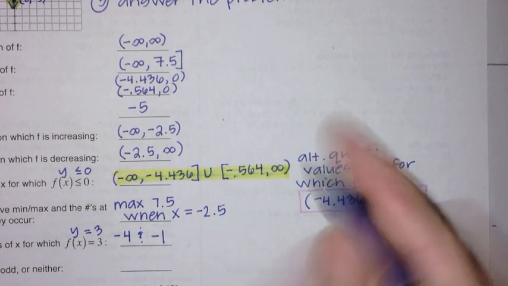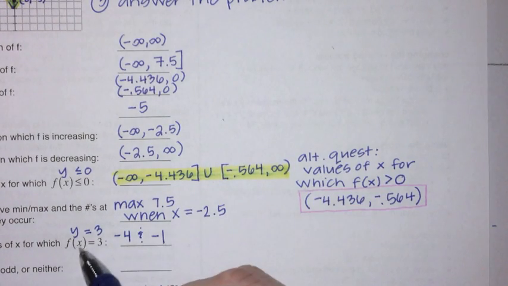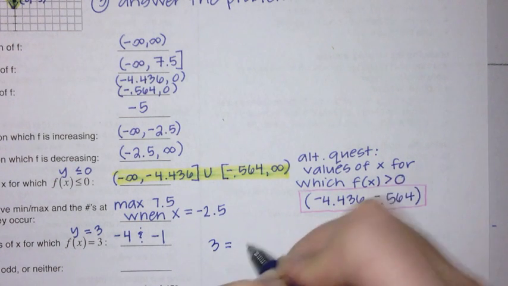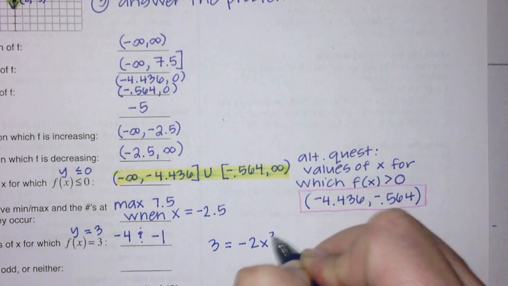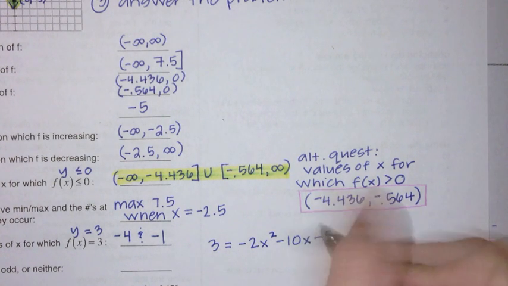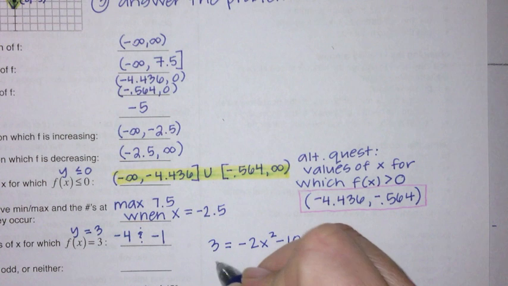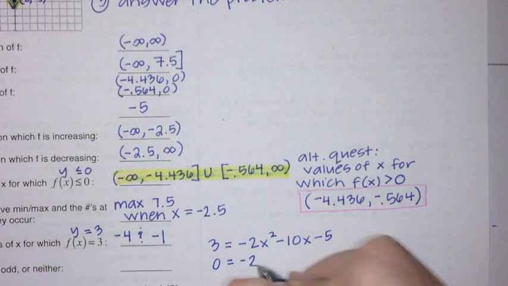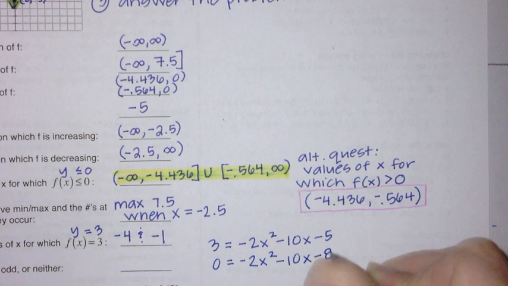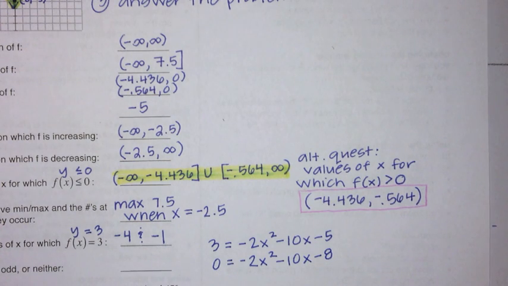What I want to show you off to the side here real quickly is to tie this in. f of x equals 3. So what it's actually asking you to do is set your equation equal to 3 and solve it. So if this was my equation, I'm going to get one side equal to 0. So that means I'm going to subtract the 3.